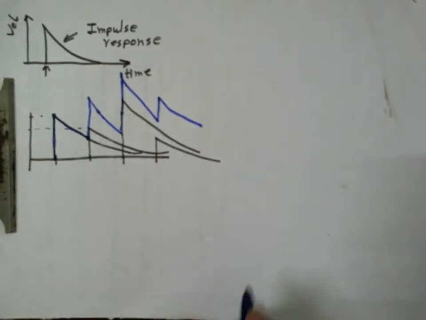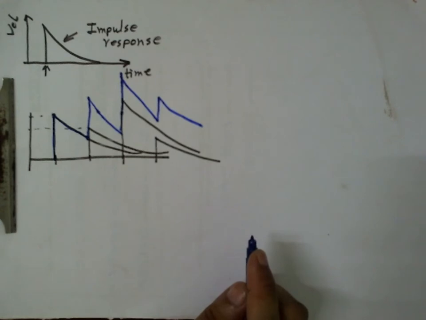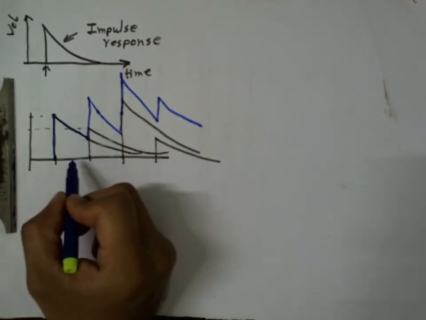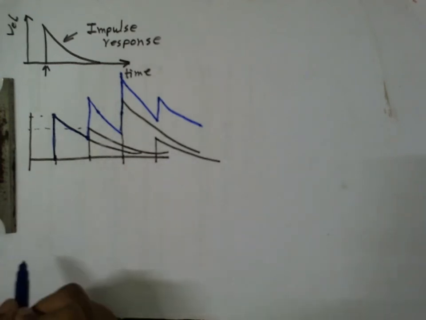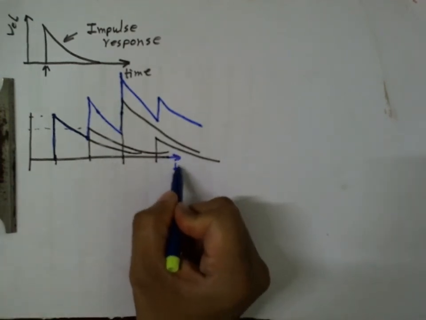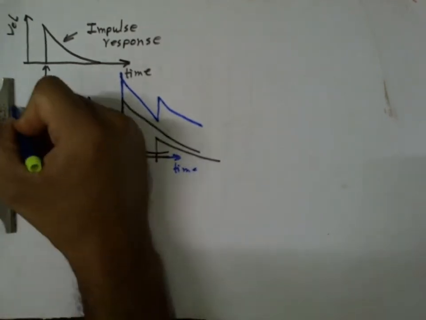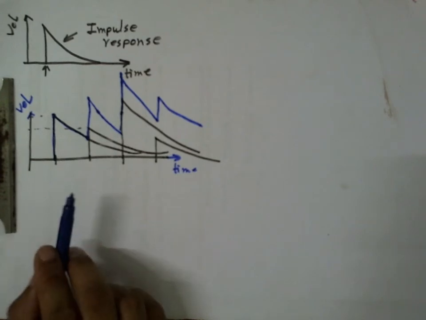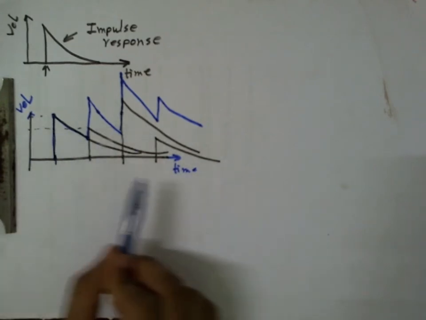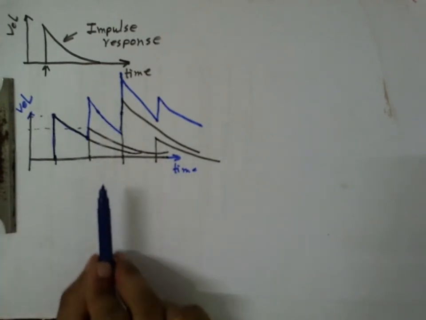So this is the velocity of the rocket at any instance of time. This is the time axis, this is again the velocity axis. So this is how we can find the velocity at any instance using a graphical method.